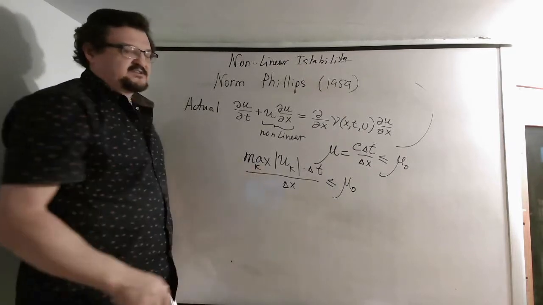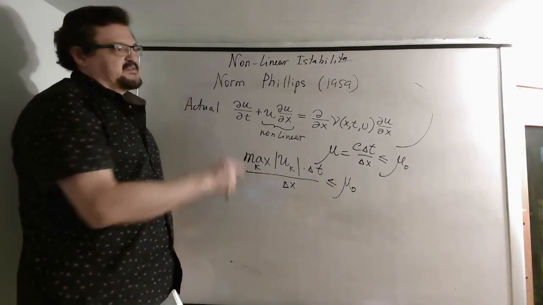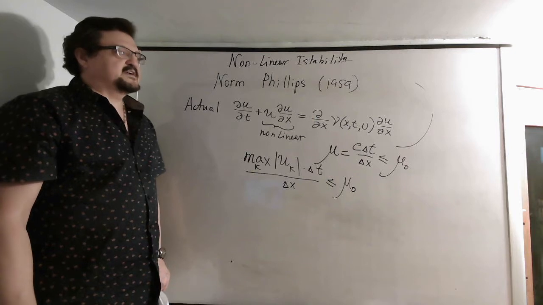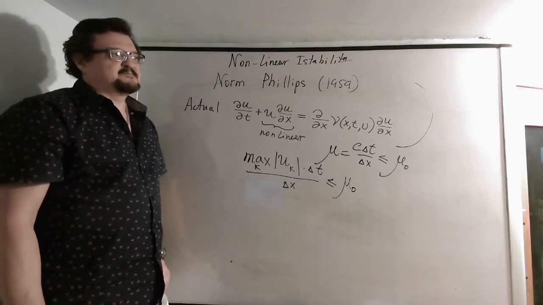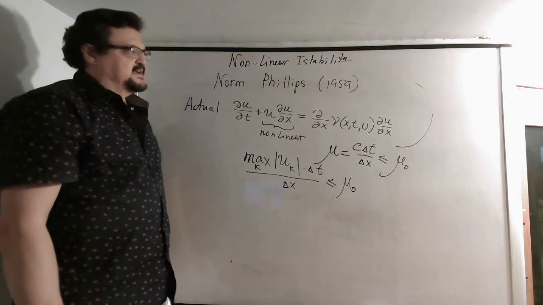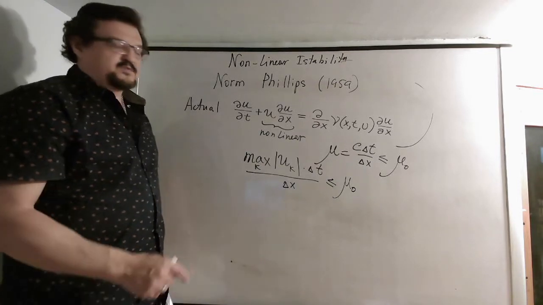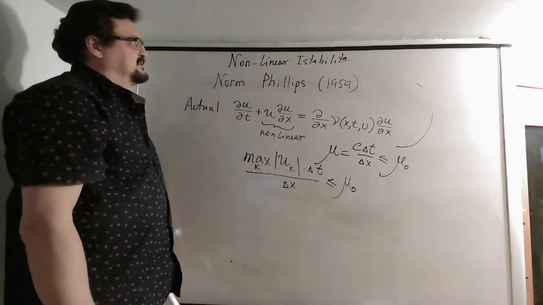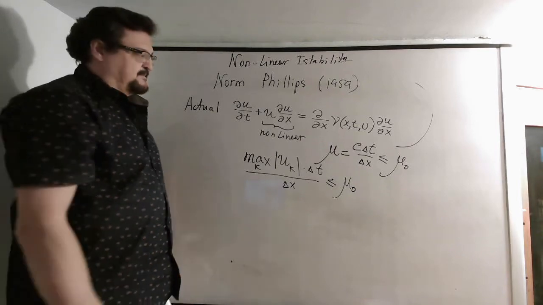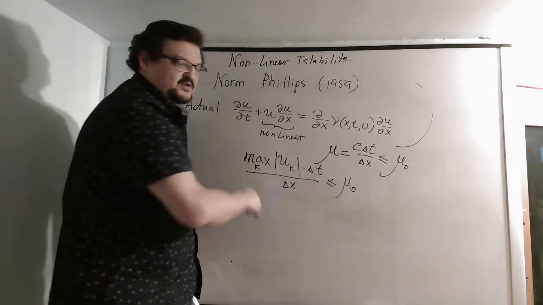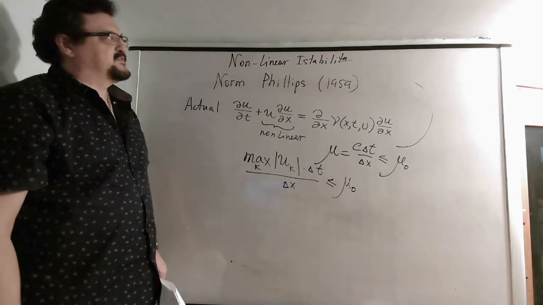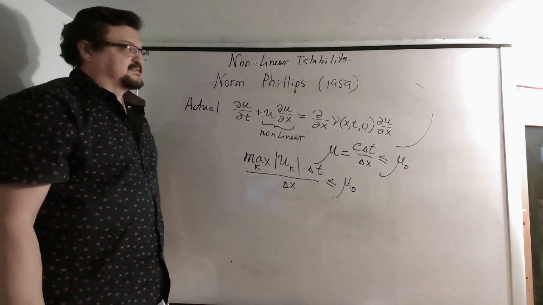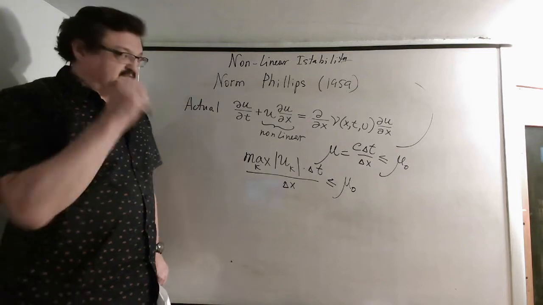This linear stability criterion was satisfied on the grid, but the model still became unstable and blew up. So he started analyzing what was going on, and he realized that the term responsible for this behavior was the nonlinear term, and this instability, which occurs even if you have the linear stability criterion satisfied, has since been called nonlinear instability.